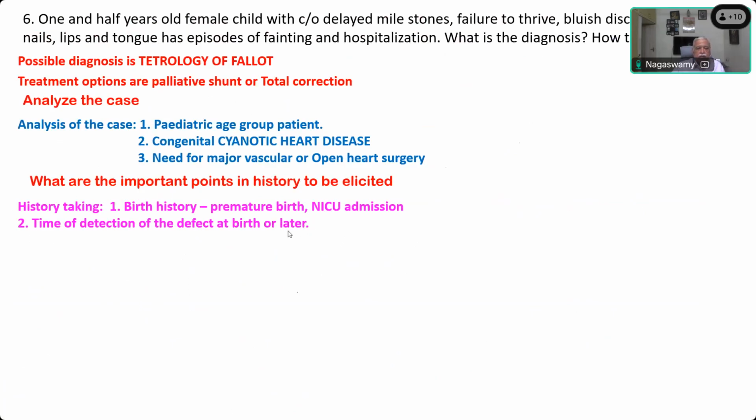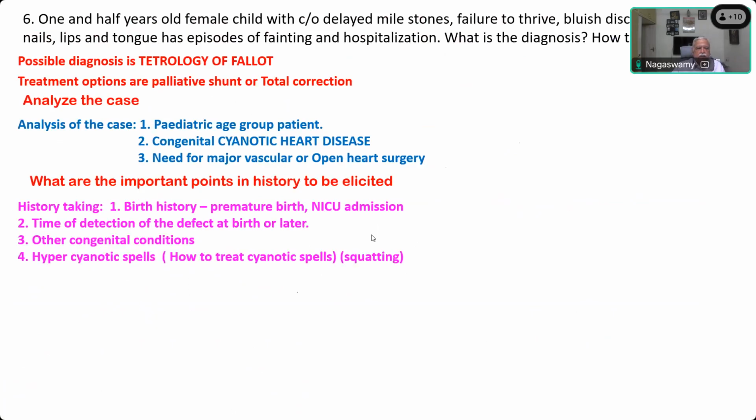Once the PDA closes, the shunting will happen. Instead of left to right, it will have a right to left shunt, and the patient will start exhibiting the cyanosis. Right. And look for any other congenital anomalies.